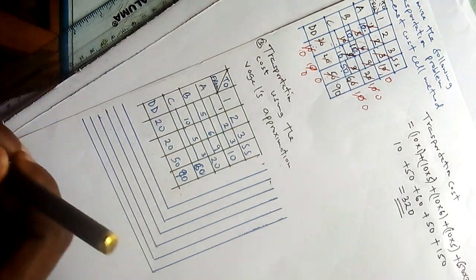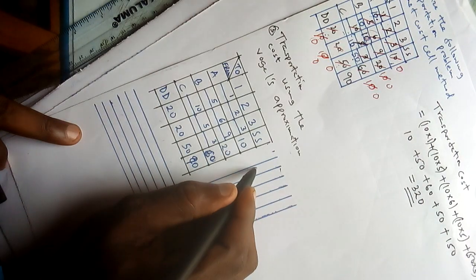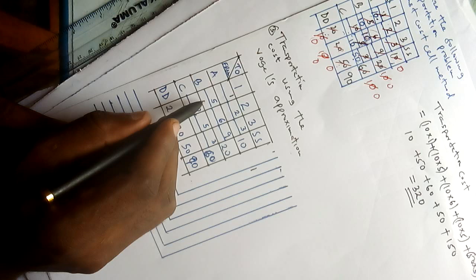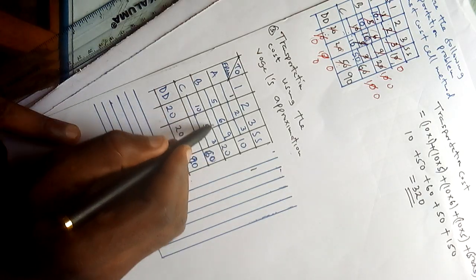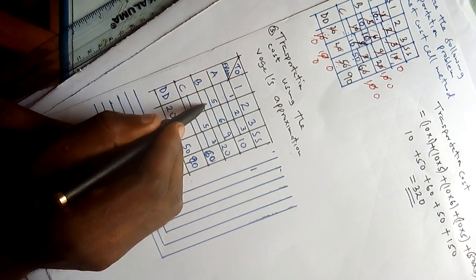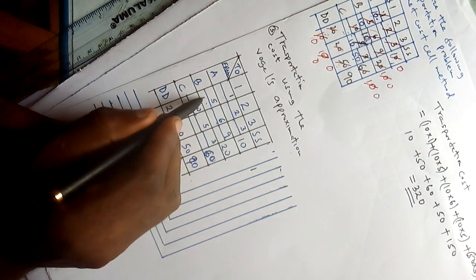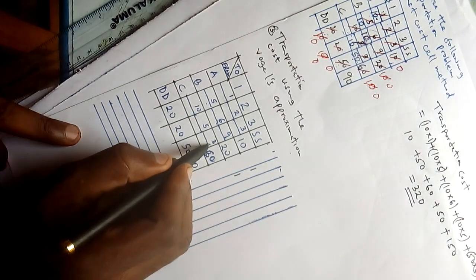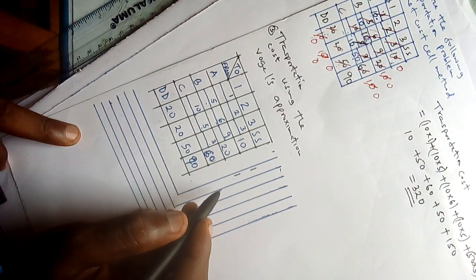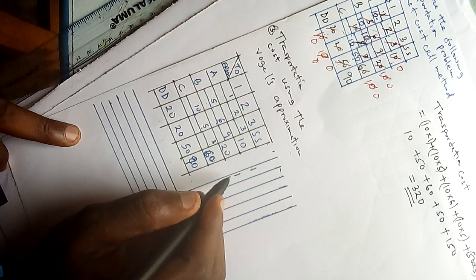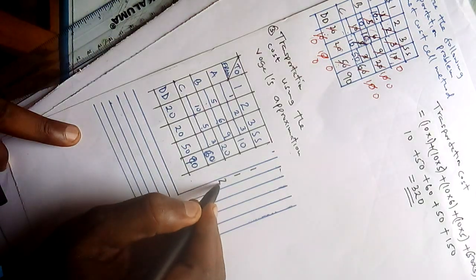So 2 minus 1, that is 1. In the second row, the least is 5, the second least is 6. So 6 minus 5, that is 1. Then here the least is 3, second least is 5. So if you get the difference, you are getting 2.